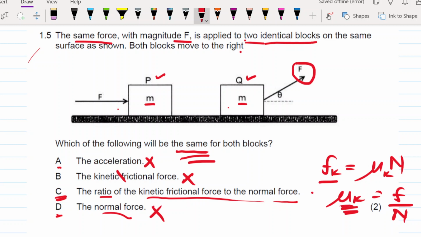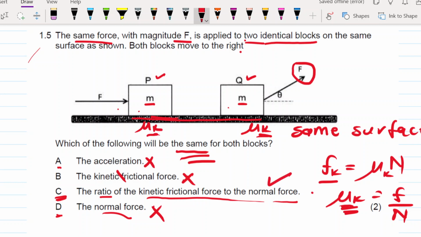So that means that the kinetic coefficient here is still the same kinetic coefficient there. Why? Because they are both moving on the same surface, the same rough street. So the kinetic coefficient will be the same for block P and for block Q. So the answer is option C.